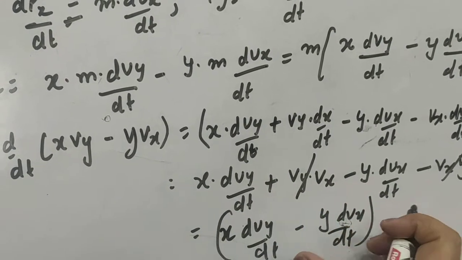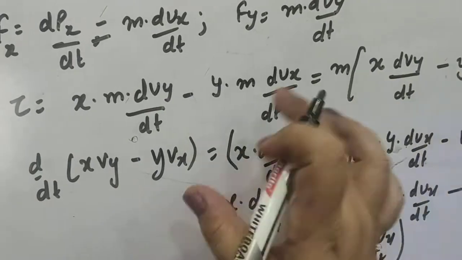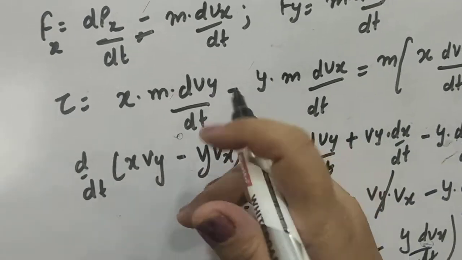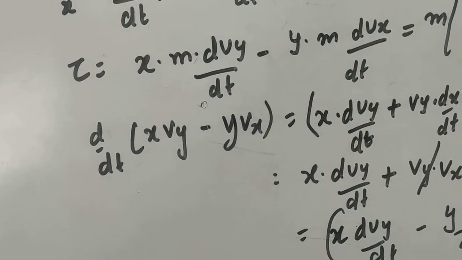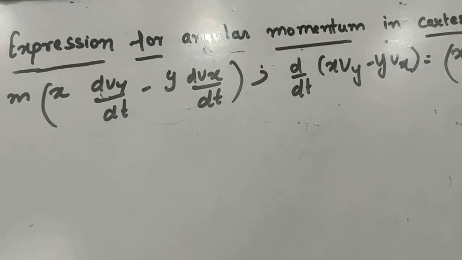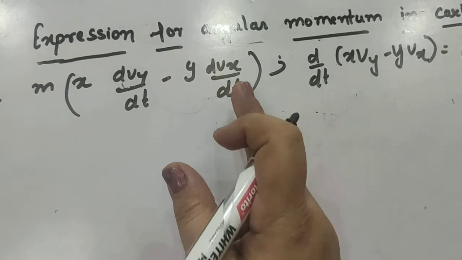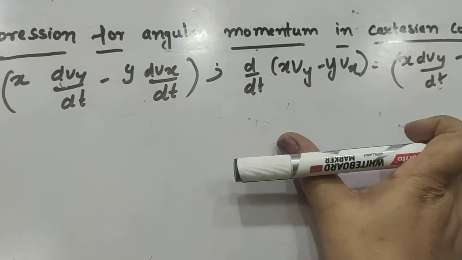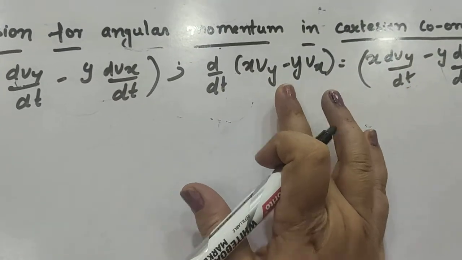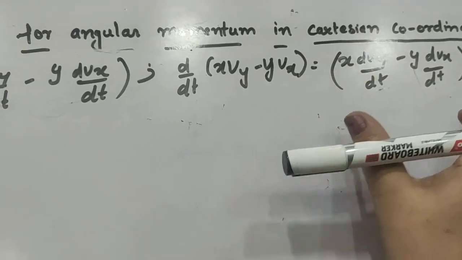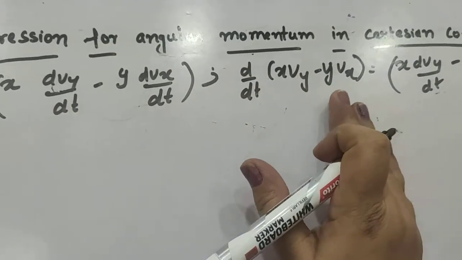So putting this value in, we have torque is equal to m times x dvy by dt minus y dvx by dt, and we have used the identity d by dt of xvy minus yvx is equal to this one. So instead of this we put this expression.